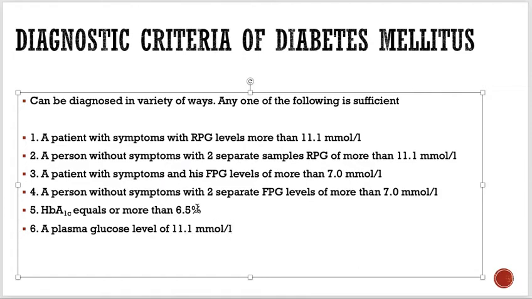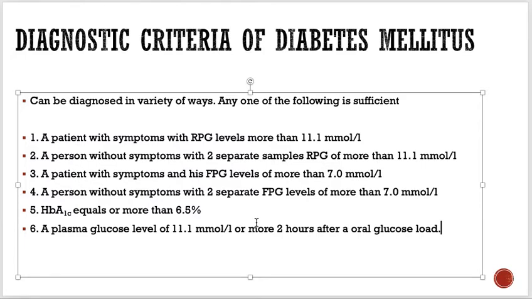millimole per liter or more, 2 hours after an oral glucose load. Now, this OGTT we do in the borderline patients most of the time.